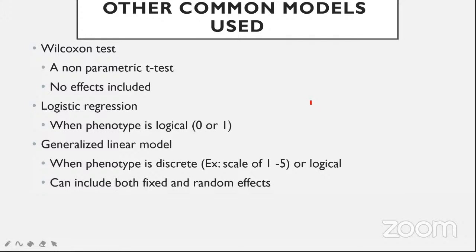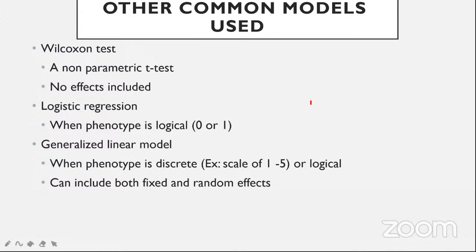So if you take, for example, cancer presence 1, those are called the cases, and cancer absent 0, those group of individuals are called the controls. And at the same time, you have generalized linear model where your phenotype is discrete, like 1, 2, 3, 4, 5, or small, medium, tall, things like that.